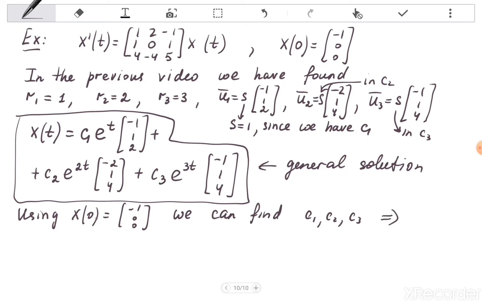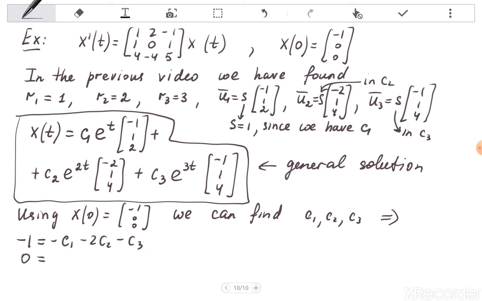We just substitute 0 instead of t, so all these e to the t will become just 1s. And x of 0 is given, minus 1, 0, 0, so we obtain minus 1. The first component will be the first component, minus 1, minus C1, minus 2C2, minus C3.